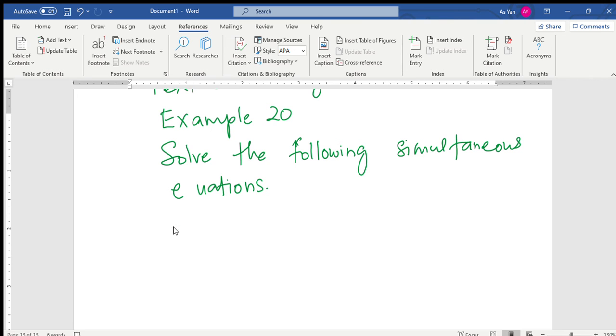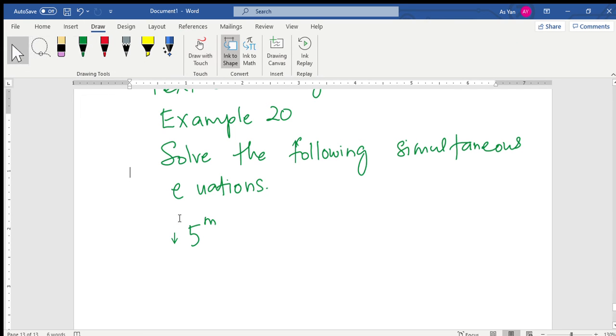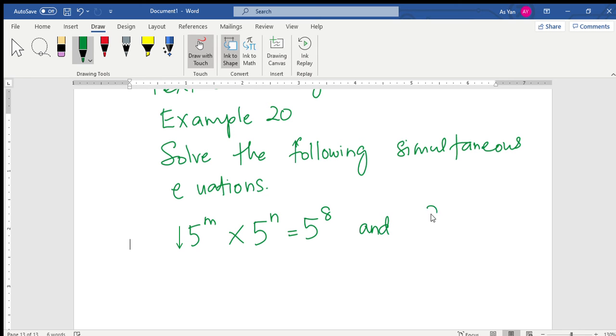So 25 to the power of m times 5 to the power of n equals 5 to the power of 8, and 2 to the power of m multiplied with 1 over 2 to the power of n equals 2.